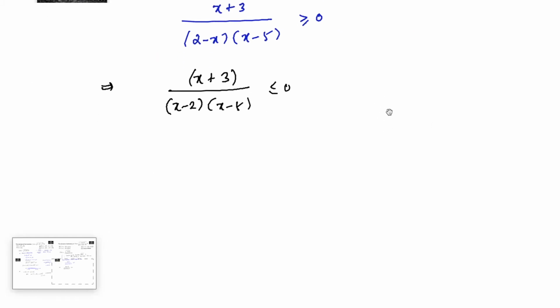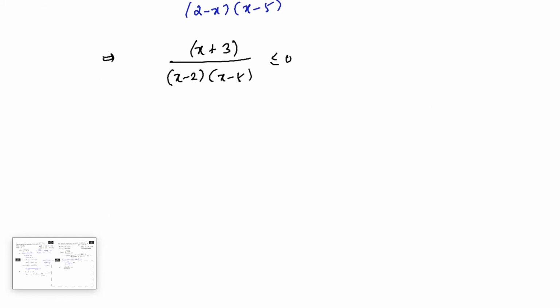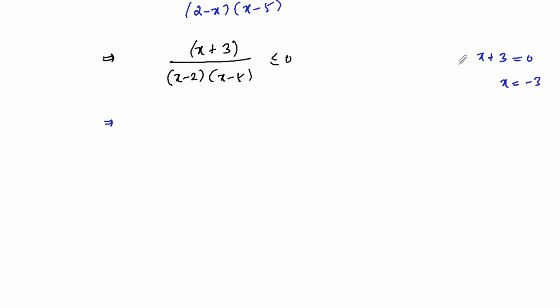Either by using the Wavy curve method you can do it, or just by understanding the critical points, the roots of each factor. For x plus 3 equals to 0, x is equal to negative 3, first factor, and for x minus 2 equals to 0, x is equal to 2, second, and x minus 5 equals to 0, x is equal to 5.